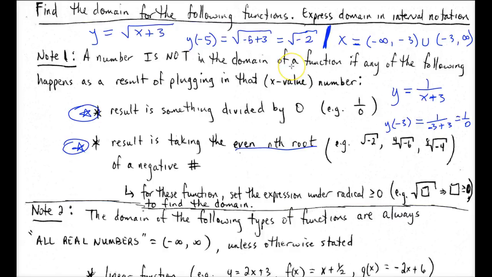And we know that because there is no real number that you can multiply times itself twice to get -2. With real numbers, anytime we multiply a positive number by another positive number, you get a positive number. And anytime you multiply a negative number by a negative number, you still get a positive number.